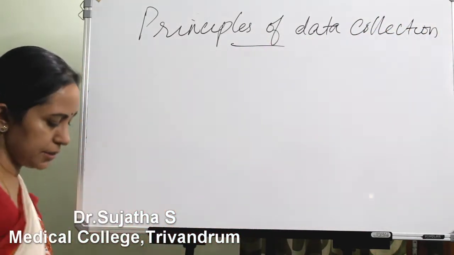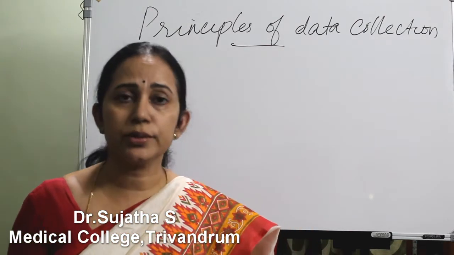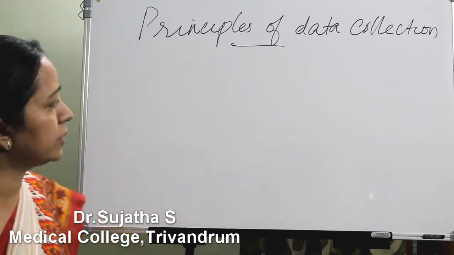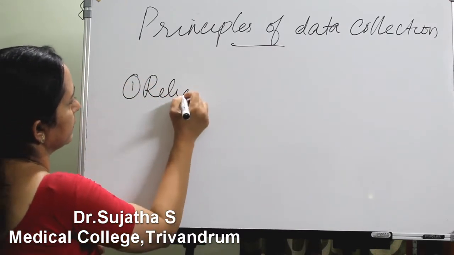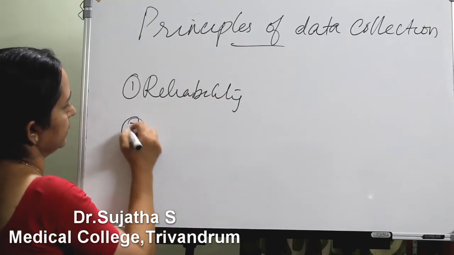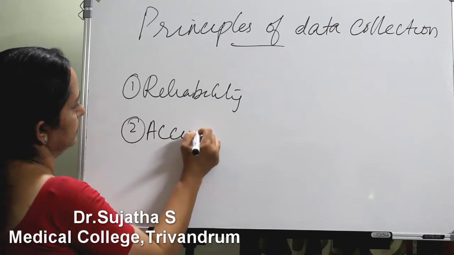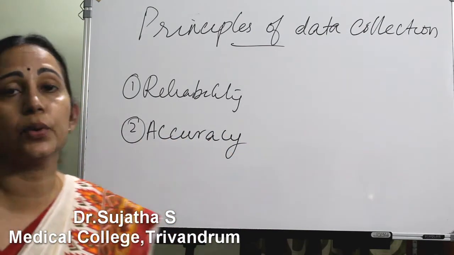Okay, principles of data collection. As I already told in previous classes, the most important thing in any research is reliability and accuracy. What is reliability? It is reproducibility.